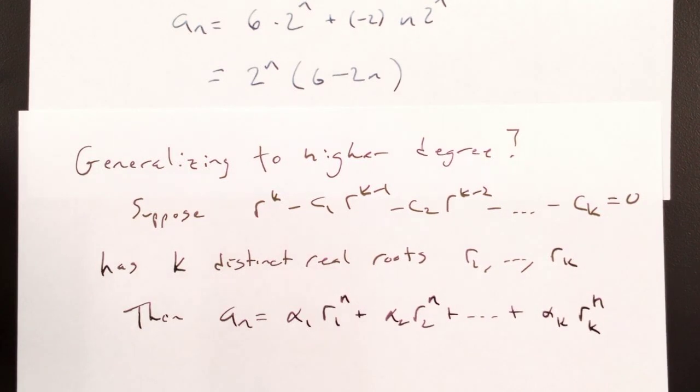But in order for me to do this recurrence, I will then need k different initial conditions. So just like we had a_0 and a_1 back when we were doing degree 2, I would need a_0, a_1, a_2, all the way up to a_{k-1}.